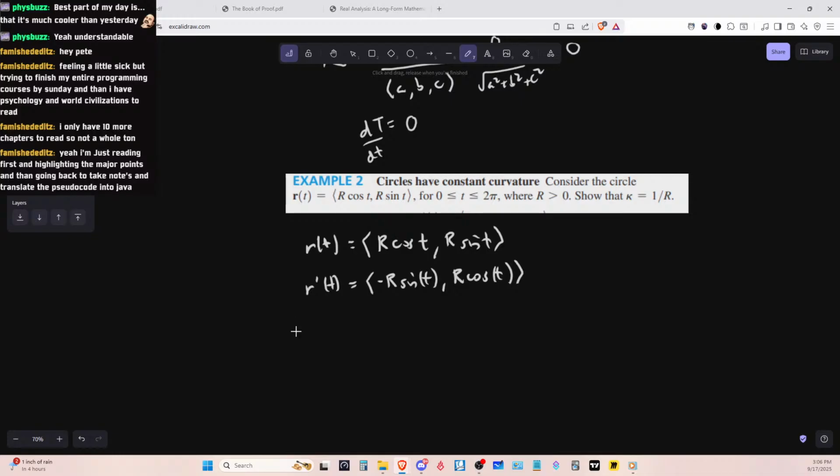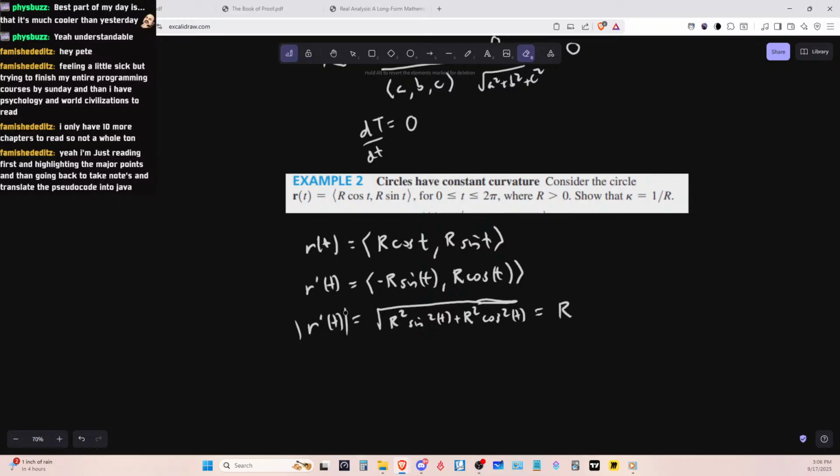And then you have to take the magnitude, so that turns out to be r squared, which in turn just equals r.